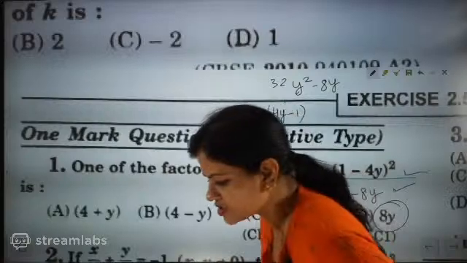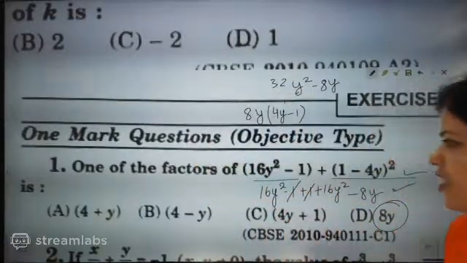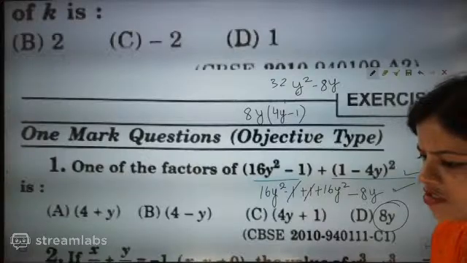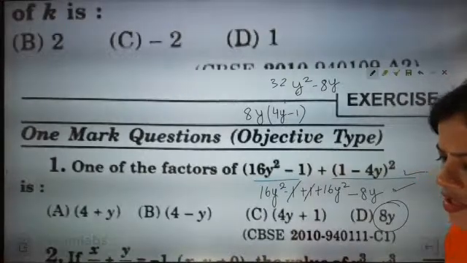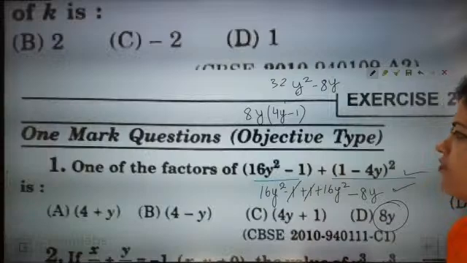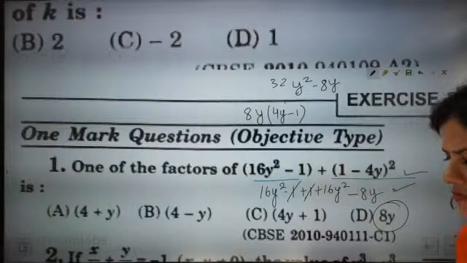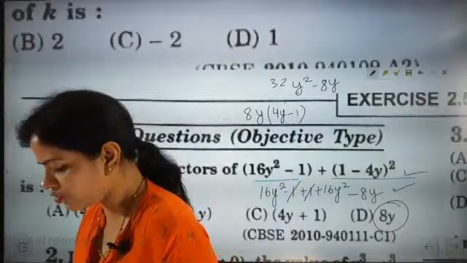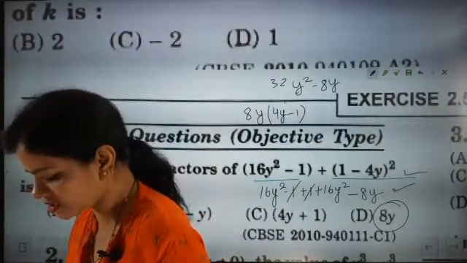So what could be the answer? Darshini, the answer will be A. Check everyone nicely. How can the answer be A? I have solved it in front of you. Now you yourself think what could be the answer.